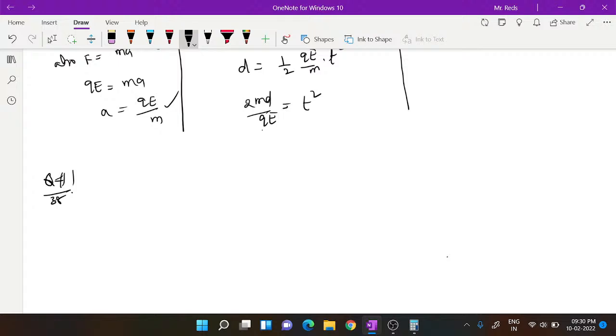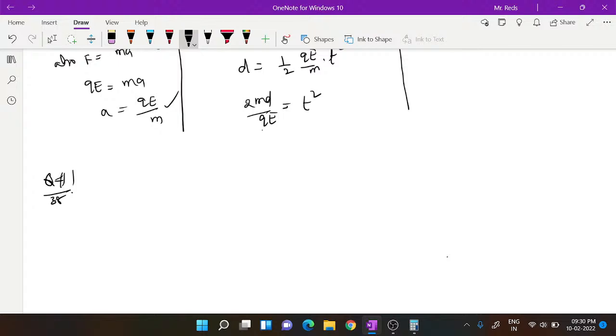The ratio of capital Q to small q1 and q2 is... Force will be maximum when dF by dq is equal to 0.